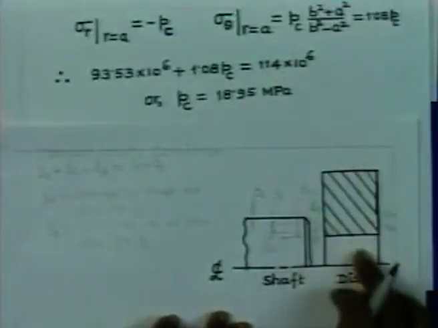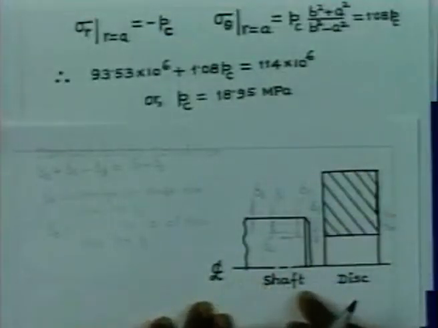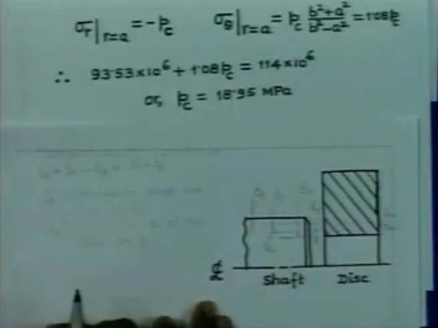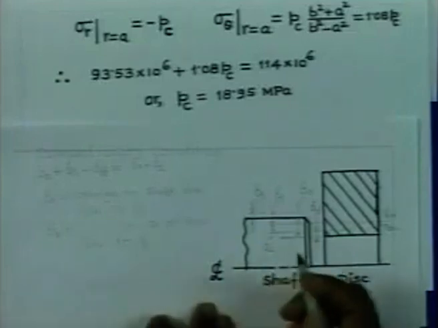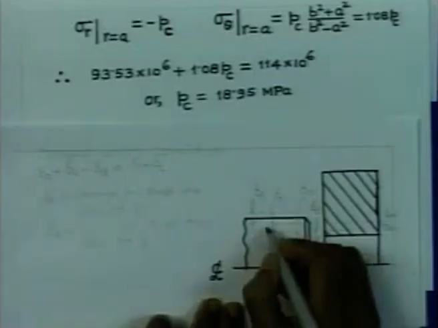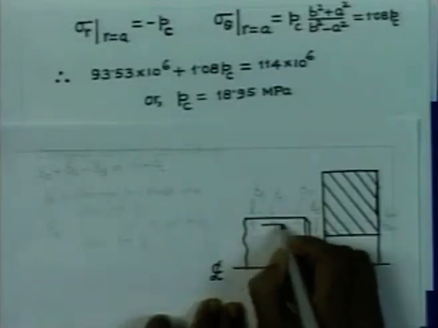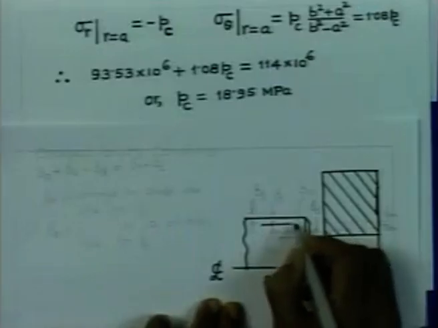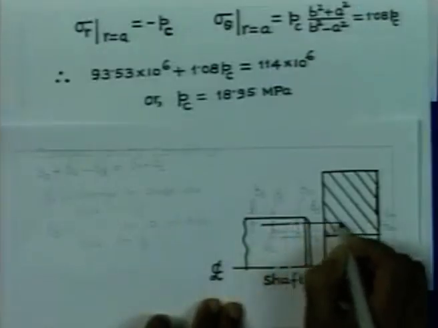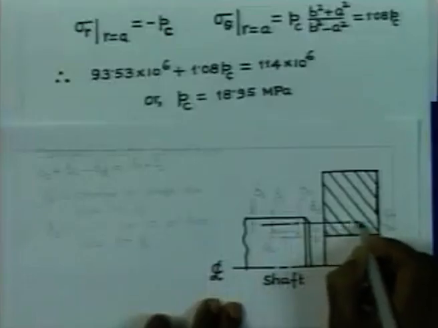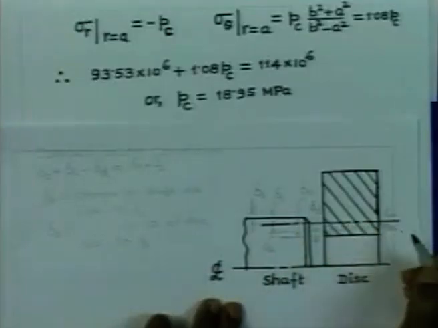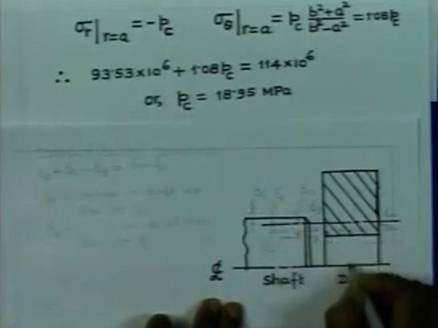So, to consider this, let us consider the picture here that will represent the disc to be shown like this and the shaft shown like this. Now, let us consider that the common radius at which the shaft and the disc are going to be contacting, that is given by this distance.